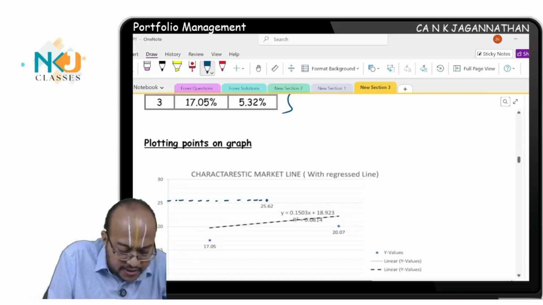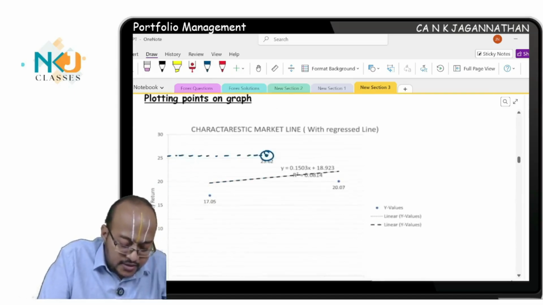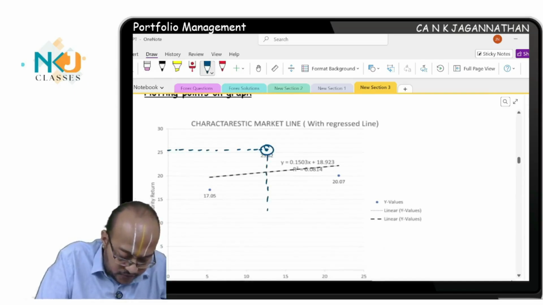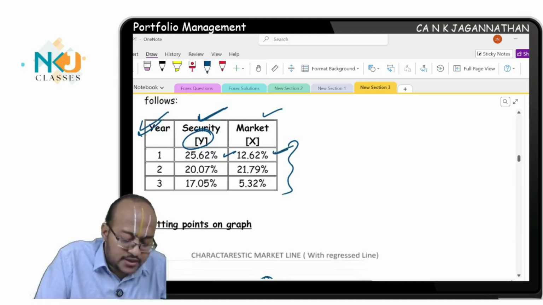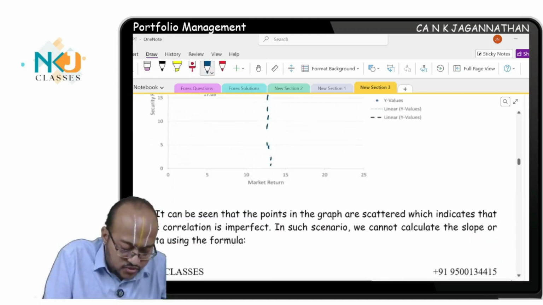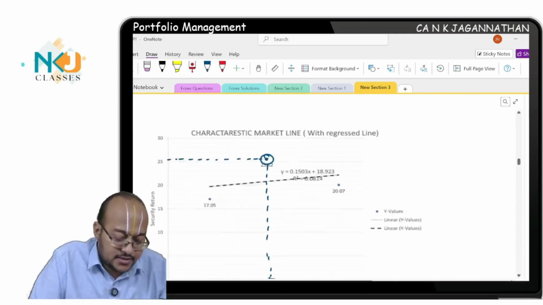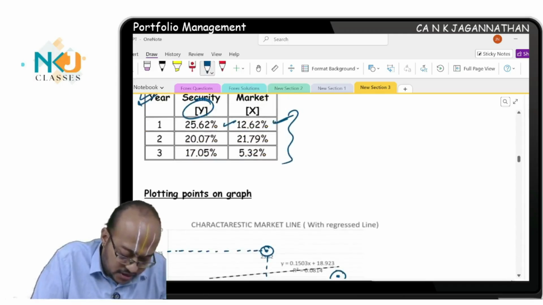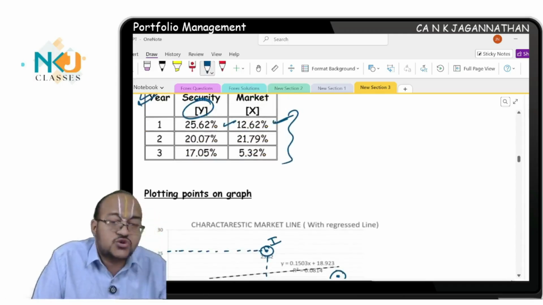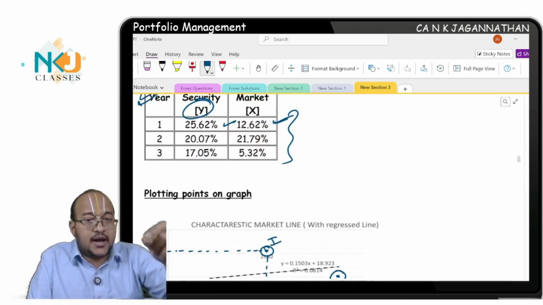If I plot, I'll get somewhere around here, and if you see carefully, it is coming between 10 and 12. The number is 12.62. Assume this is 12.62. Like this, if I plot, this is one number, 20.07. This is the first year return, the actual return of the market and the return of the security.